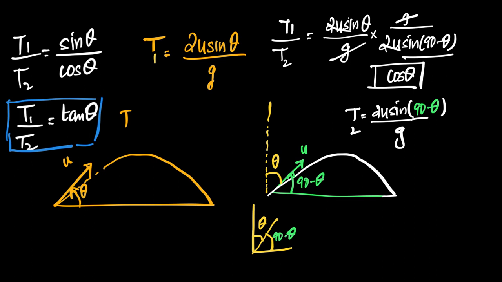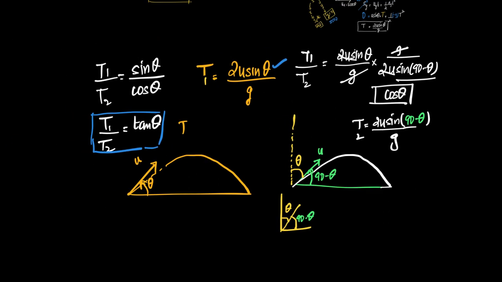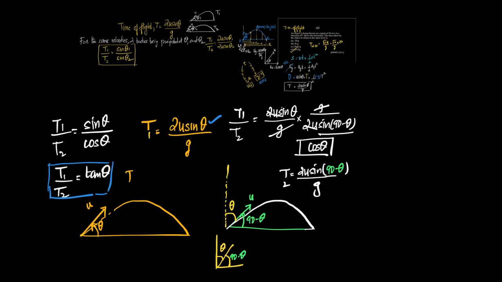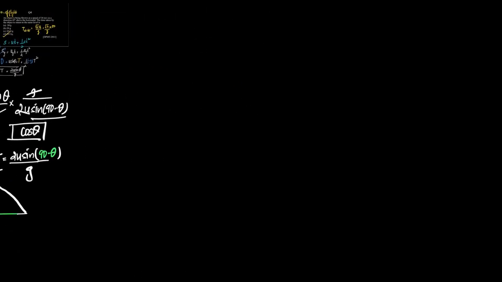Okay, is there anything that we could add? Let us now discuss one more thing regarding the formula. T is equal to 2u sine theta by g.